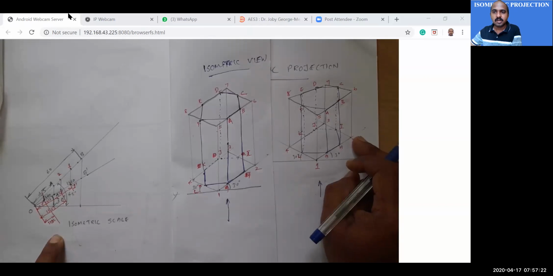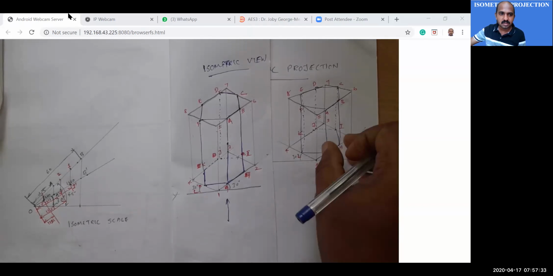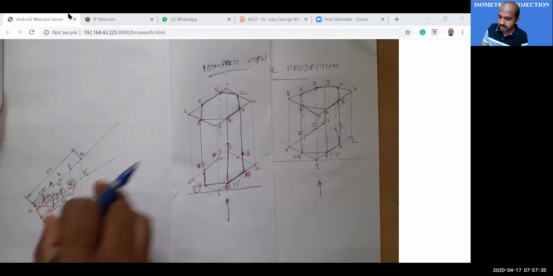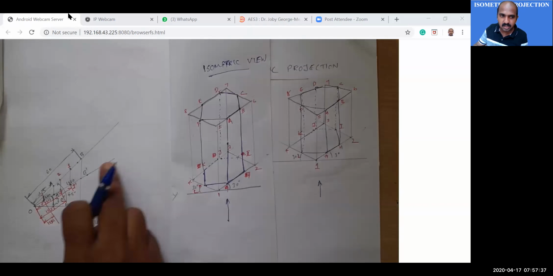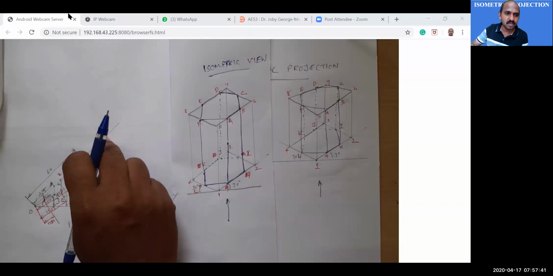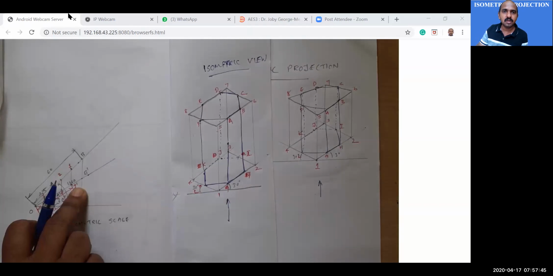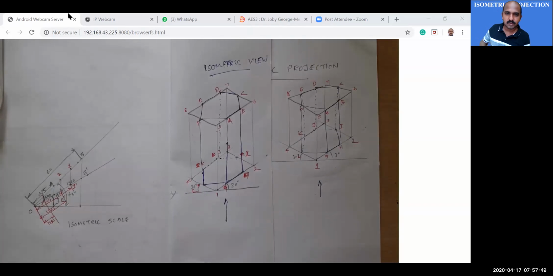In most drawings, they may ask for the isometric view. If it is an isometric view, you can directly draw. But for isometric projection, you convert each dimension. You first draw a horizontal line, a 30-degree line, a 45-degree line, then mark each true length on the 45-degree line. From that true length, you find the isometric length. Then only you can draw the isometric projection.